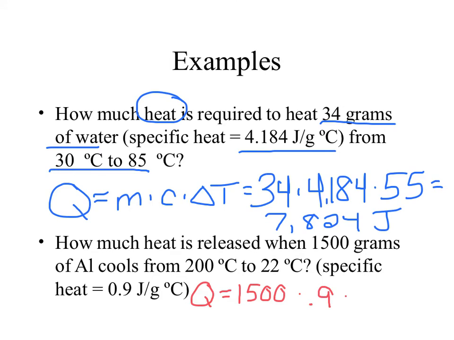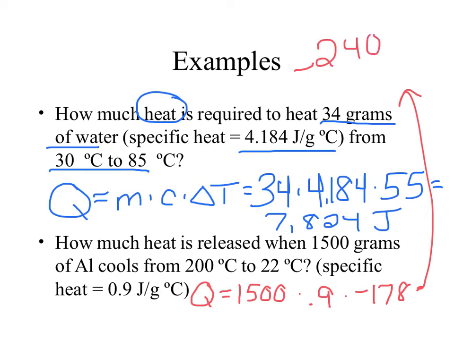To do our temperature change, 22 minus 200, negative 178. So let's work that out. 1,500 times 0.9 times negative 178 gives me negative 240,300 joules. And the reason it's negative is because it's giving off the heat.